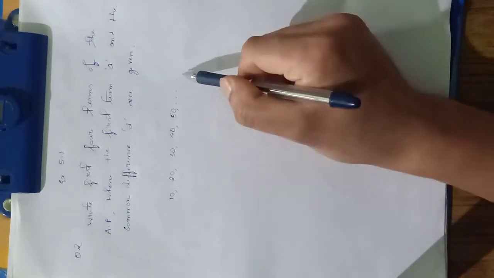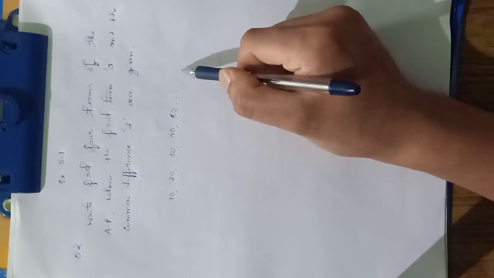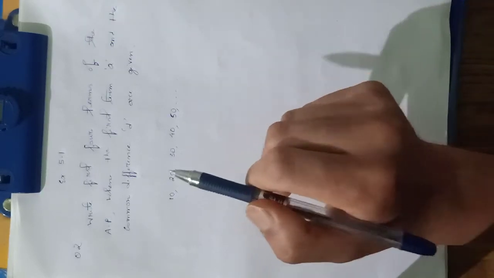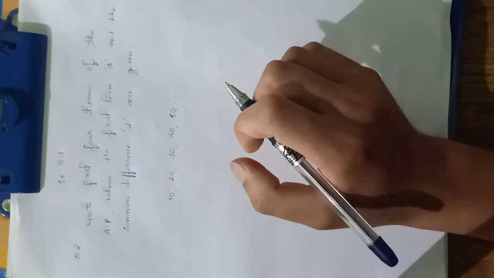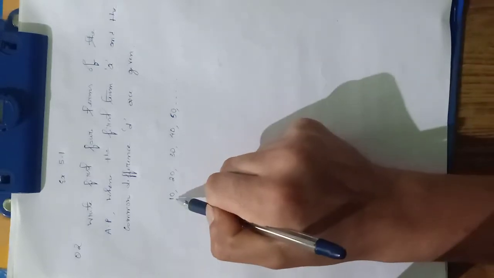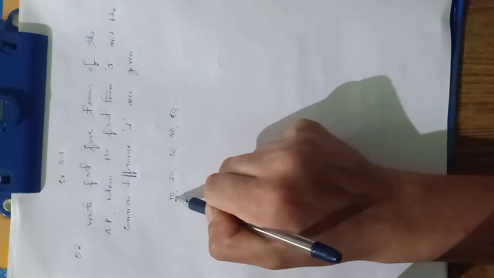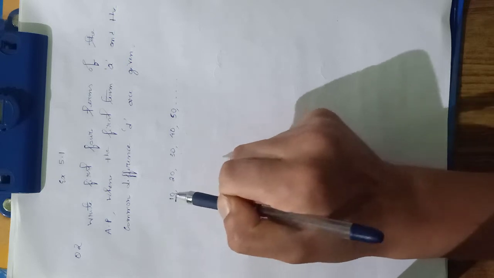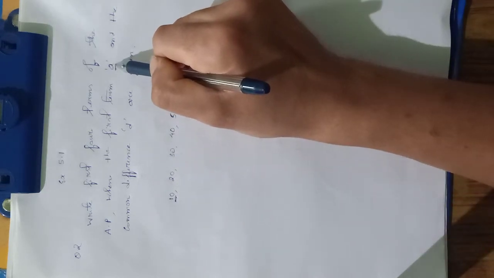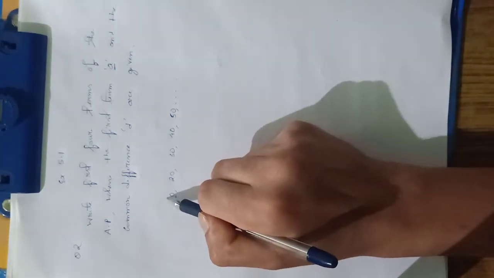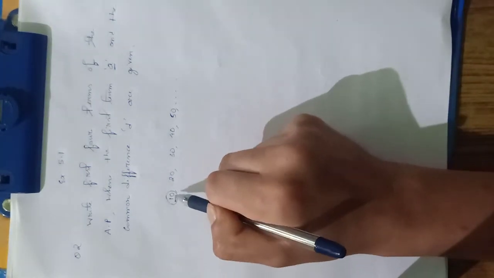So this given series is an arithmetic progression. The first term of the series is 10. The first term of the series is always denoted by A or sometimes A1. So A is the first term of your series, that is 10.